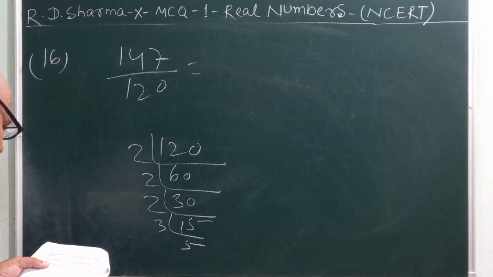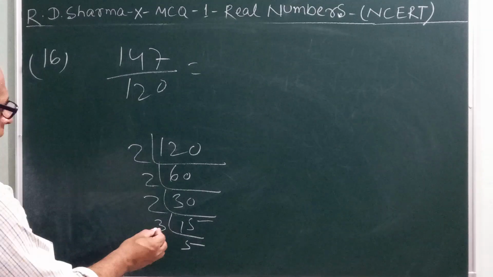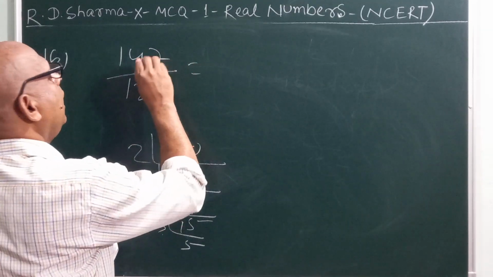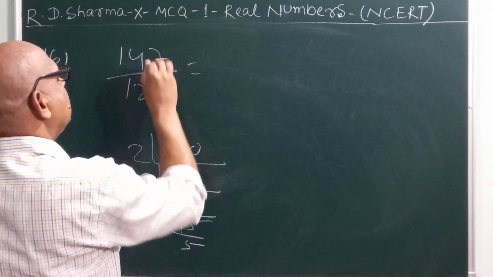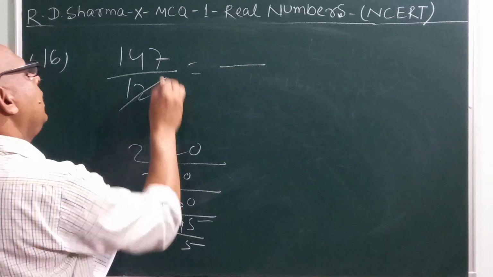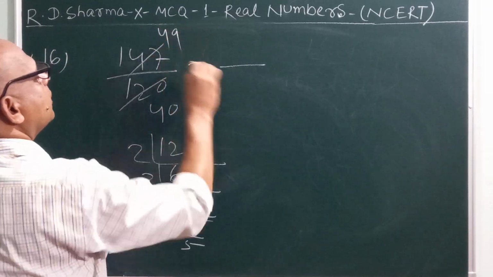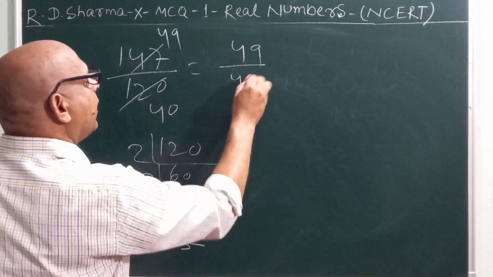Clear? We reduce to lowest terms: 147 by 120 becomes 49 by 40, since 3 is a common factor.